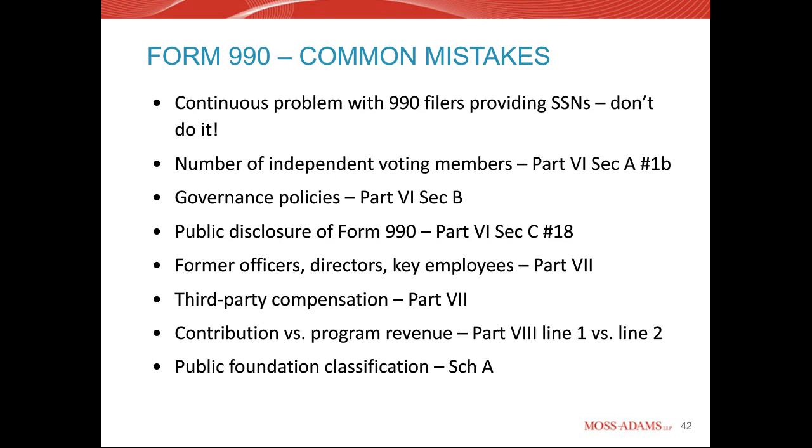Third-party compensation, this can arise if you have more complex compensation structures, like management companies or compensation from related organizations, or compensation from unrelated organizations for services provided to your organization. This is one thing that's not even very well explained in the 990 instructions themselves. There are some examples there, and if you're lucky enough to have your circumstances fit those examples exactly, then the instructions are helpful.